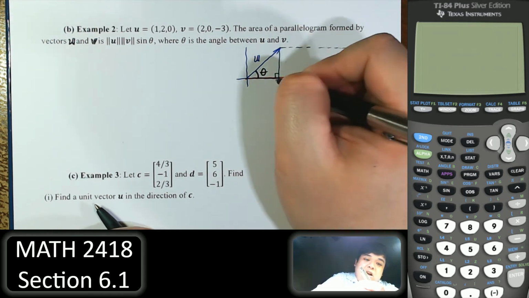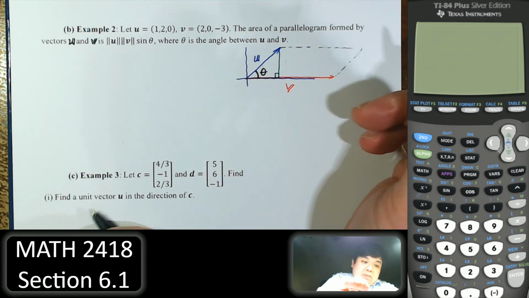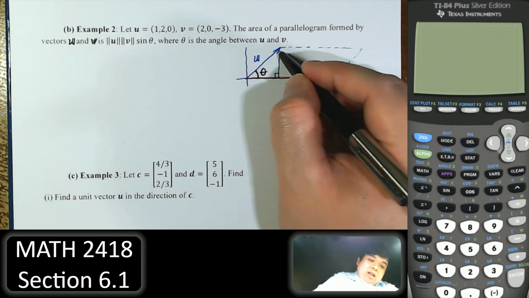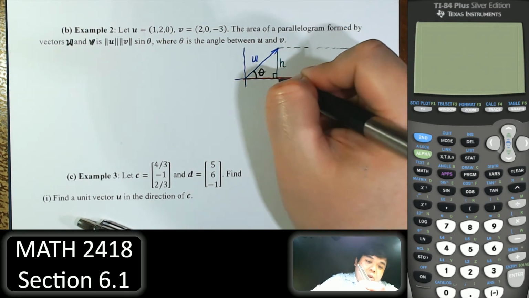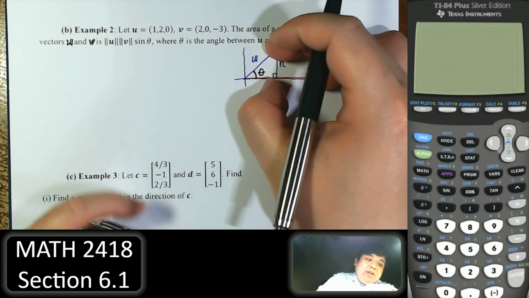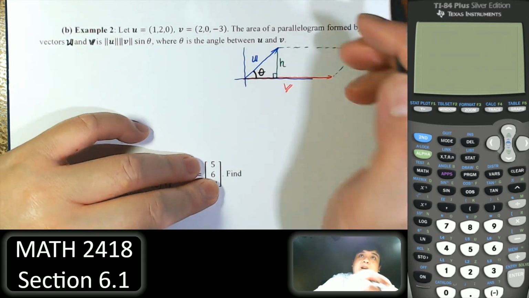So that gives us the height, and the height times the base gives us the area of the parallelogram. So the height is the length of u times sine theta, and the area is the length of h times the length of v, where the length of h is given by the length of u times sine of theta.